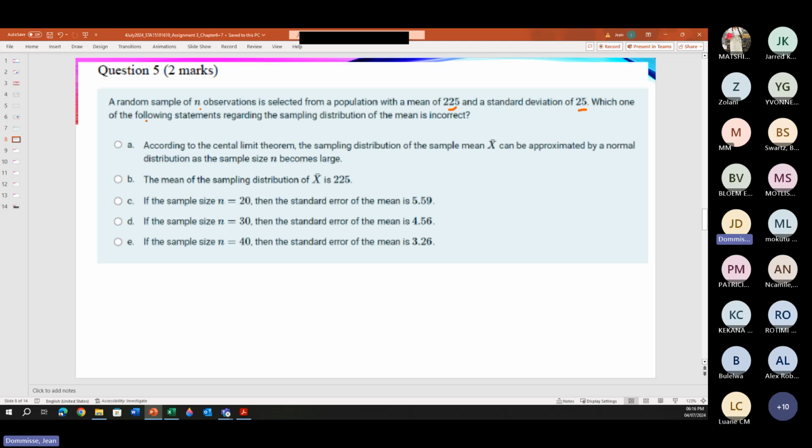Which one of the following statements regarding the sampling distribution of a mean is incorrect? According to the central limit theorem, the sampling distribution of a sample mean X can be approximated by a normal distribution as the sample size N becomes large.